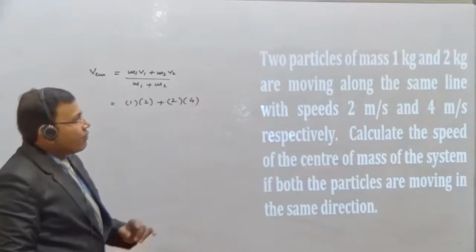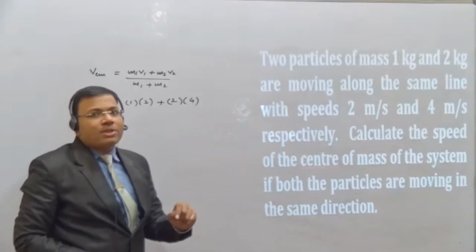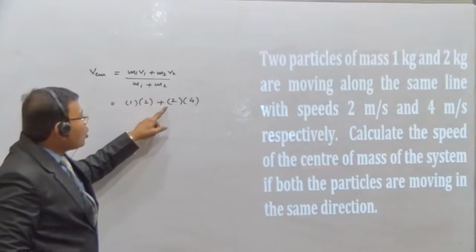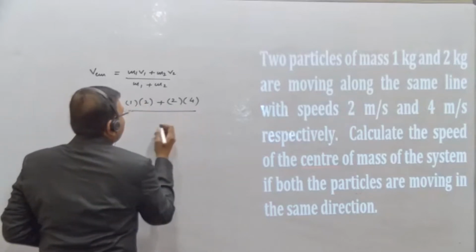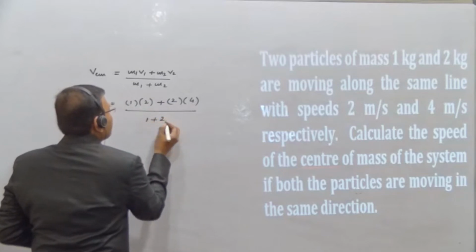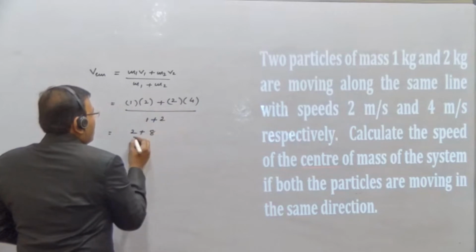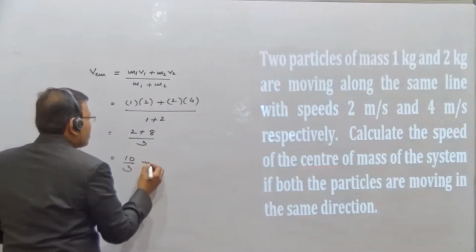I hope you are getting that 1 kg and 2 kg are the masses, and 2 meter per second and 4 meter per second are the velocities. So 1 kg is moving with 2 meters per second, 2 kg is moving with 4 meters per second, divided by m1 plus m2, that is 1 plus 2. So it is 2 plus 8 by 3, that is 10 by 3 meters per second.